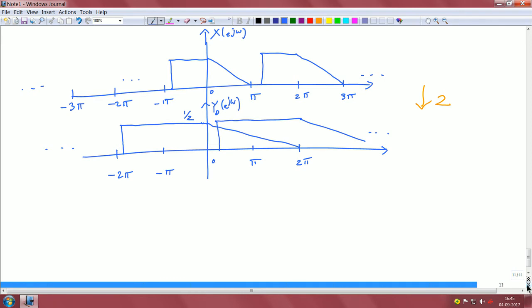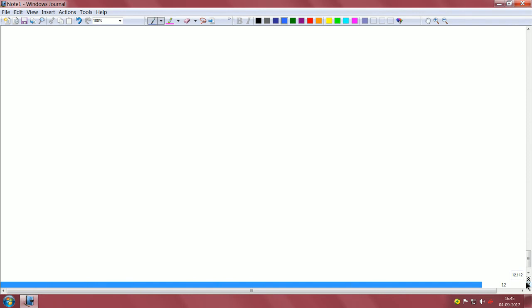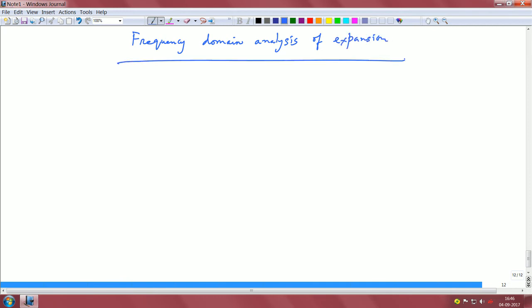Now similar to the decimator, we have the expansion phase as well, and let us derive the frequency domain analysis of the expansion process. Now Ye of z is sigma n equals minus infinity to plus infinity.